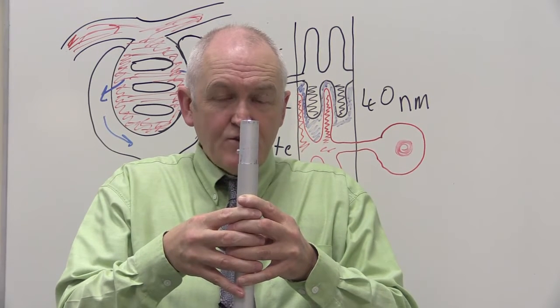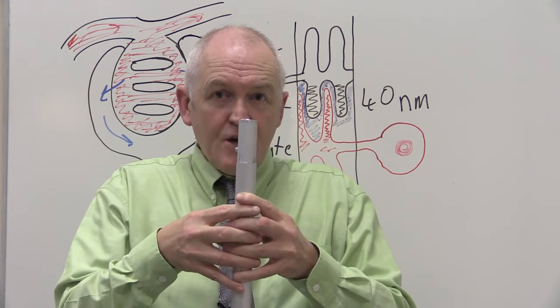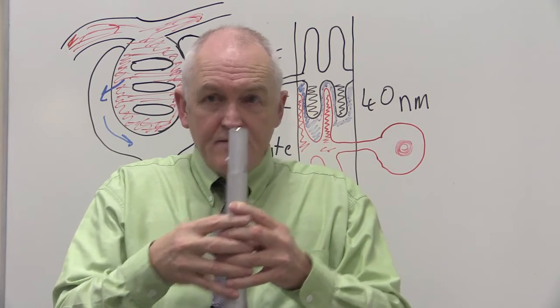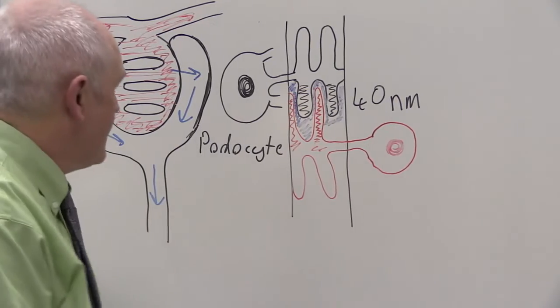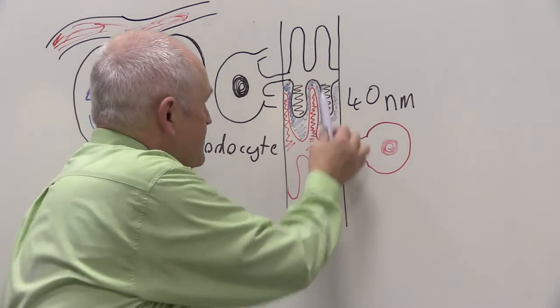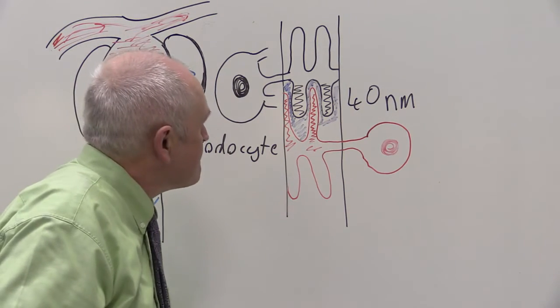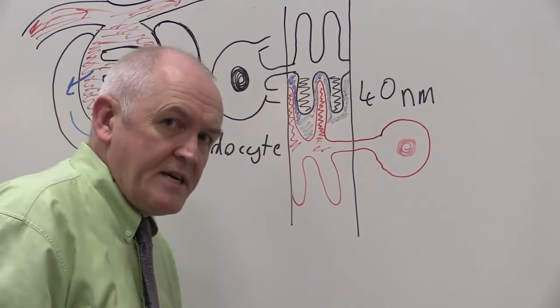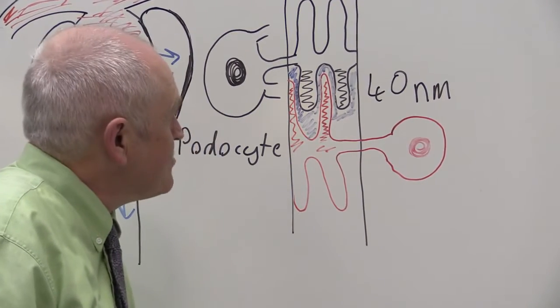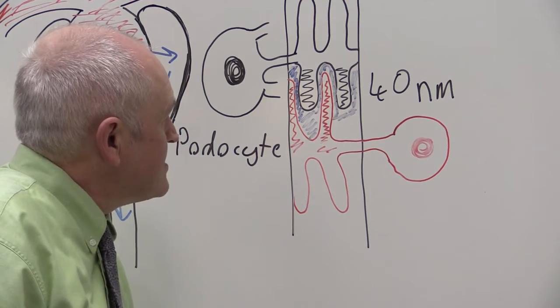So any glomerular filtrate that forms has to go through these filtration slits. And the filtration slits themselves are covered with the slit membrane. So we can really see there the physical basis for this sieving, this ultrafiltration process that's going on.